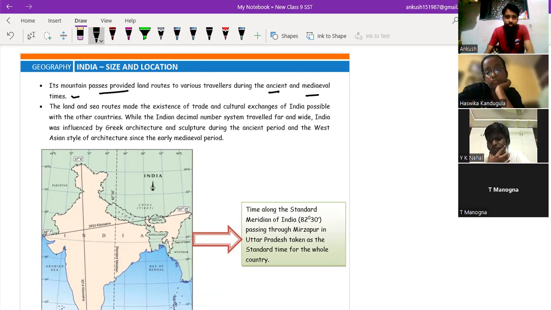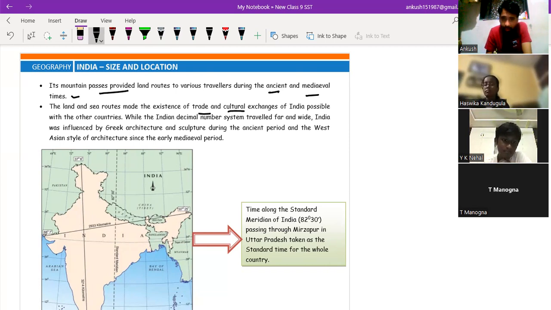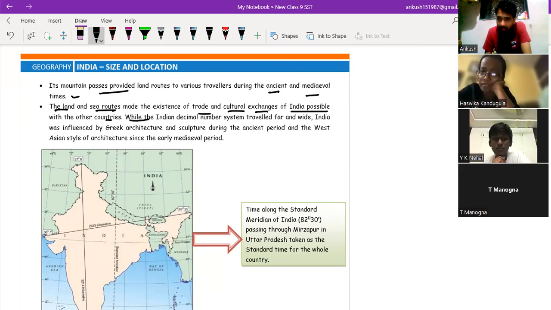Then the land and sea routes made trade and cultural exchange of India possible with other countries, sea routes and land routes as well, while the Indian decimal number system traveled far and wide. We have given the decimal number system to the world, and it traveled across the world, and now people are using it and are more advanced than us.